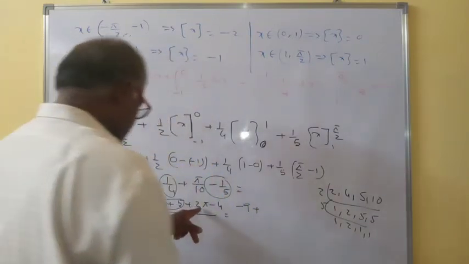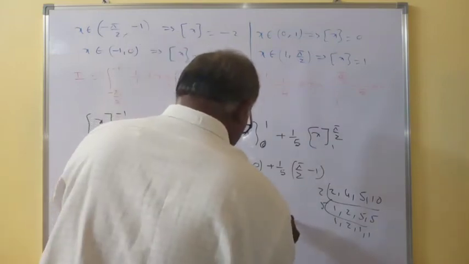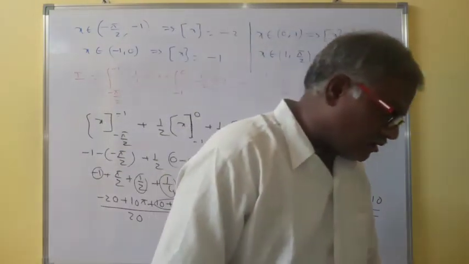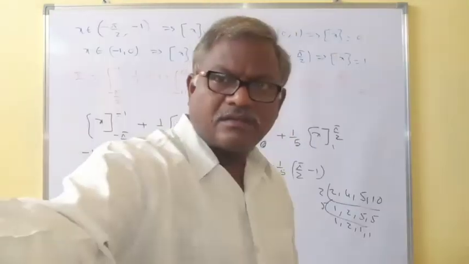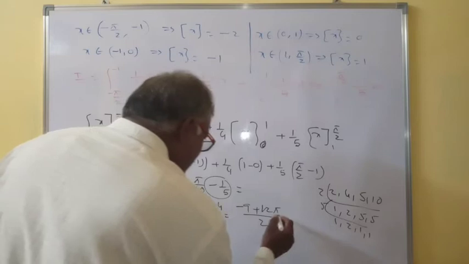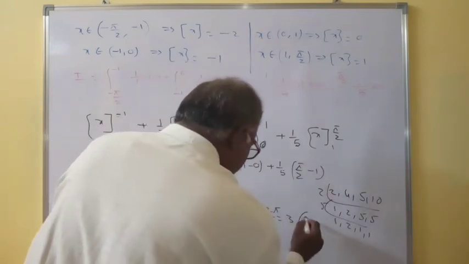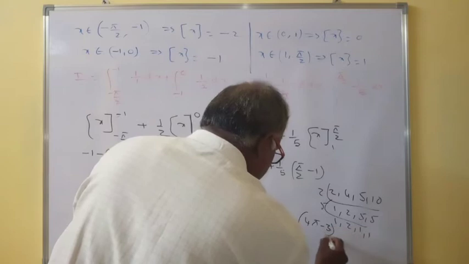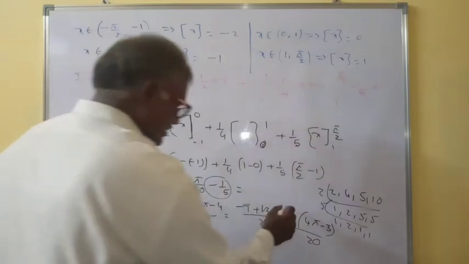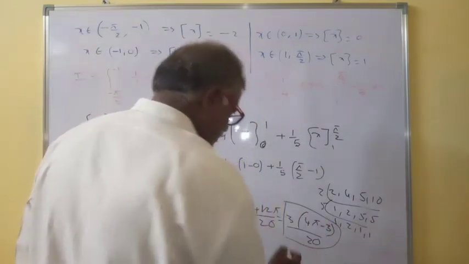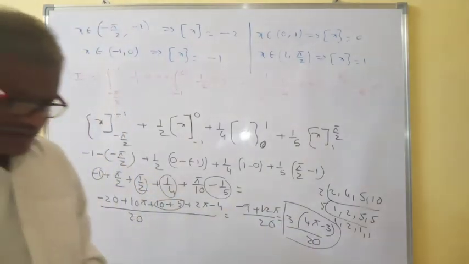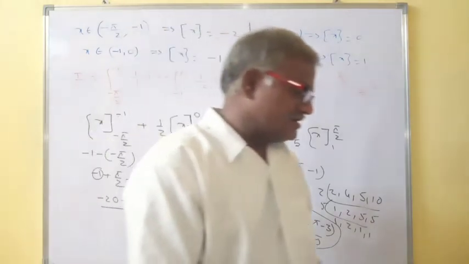Then 10 plus 2, 12 pi by 20. Taking 3 as common, we get 4 pi minus 3 by 20. So the final result is 3 into 4 pi minus 3 divided by 20. According to the options, we have to conclude.